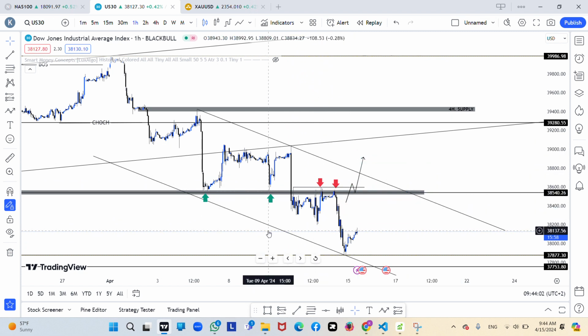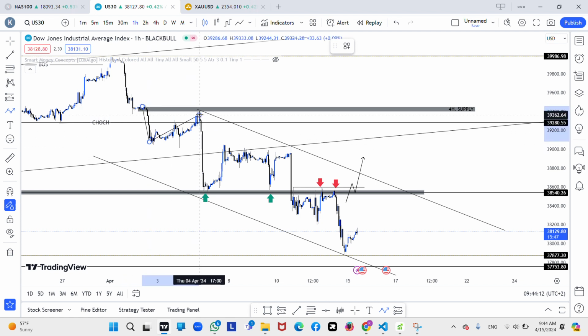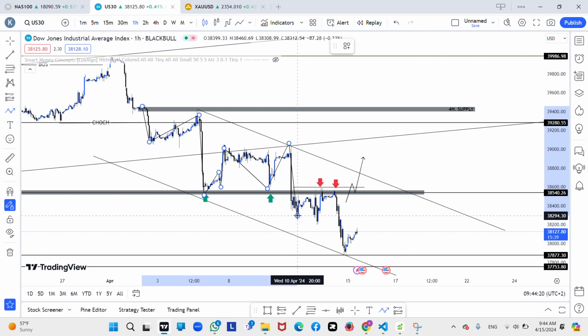And guys, we can see that price moved beautifully. We had an impulse and correction, guys, an impulse and correction. So we had another impulse. So we were supposed to be expecting what? A correction.